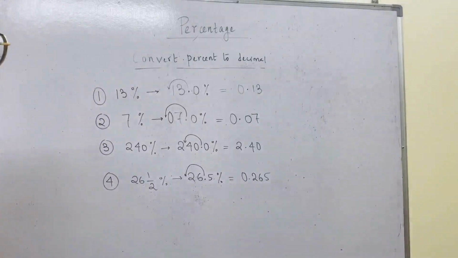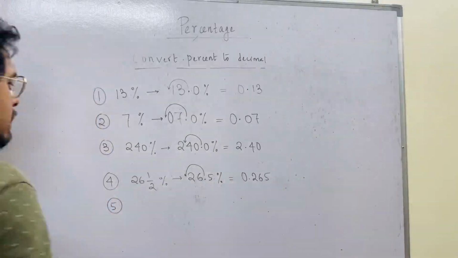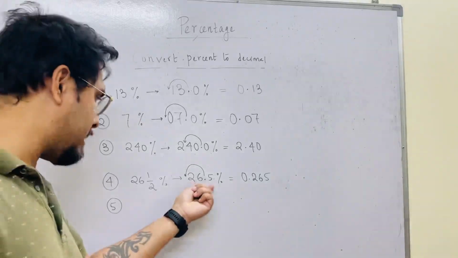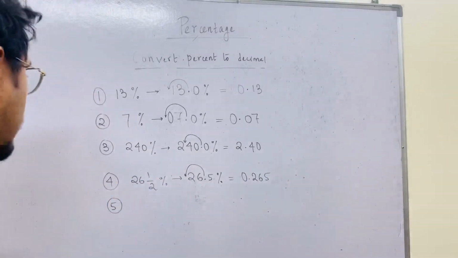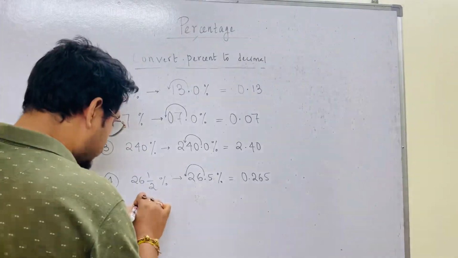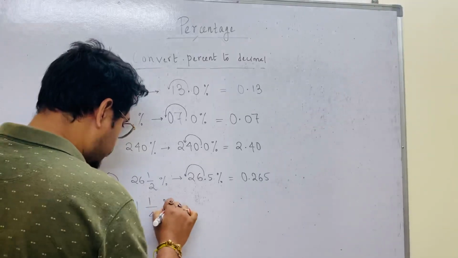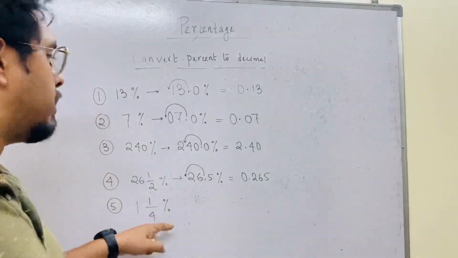But let's say I give an additional question, something which is not as straightforward, for example a mixed fraction like 1 and 1/4 percent, and I want to convert it into decimal.